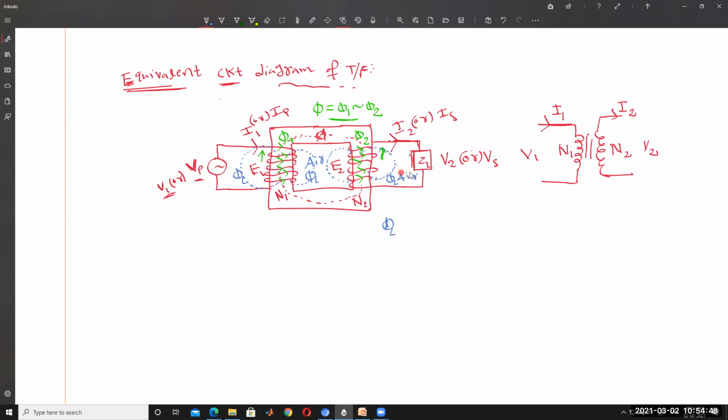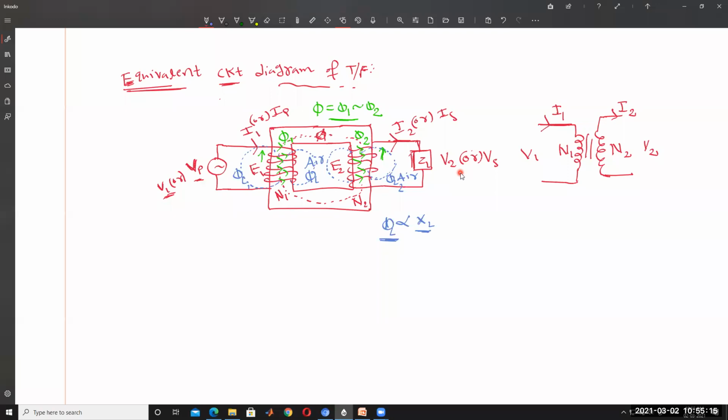Because of the leakage flux, the leakage inductance comes into the picture, generally represented as XL. For the primary, for example, phi L1, and for the secondary leakage flux, phi L2.